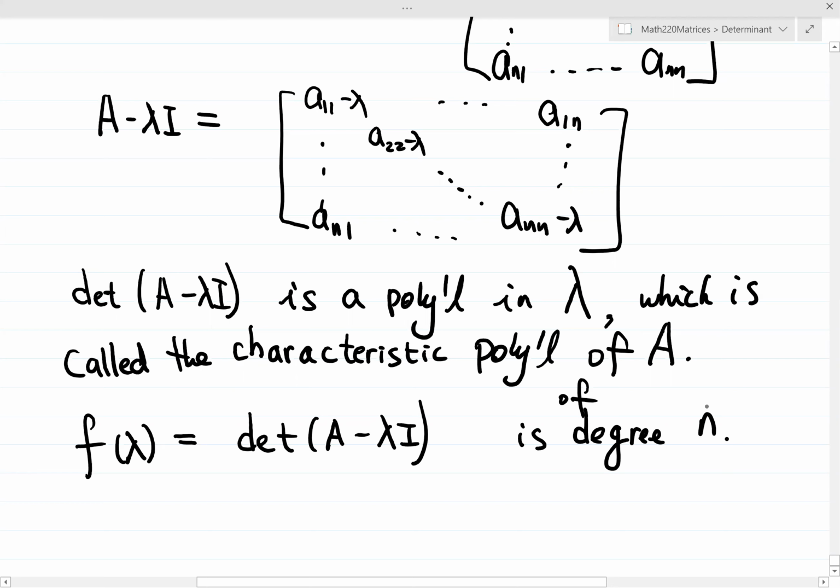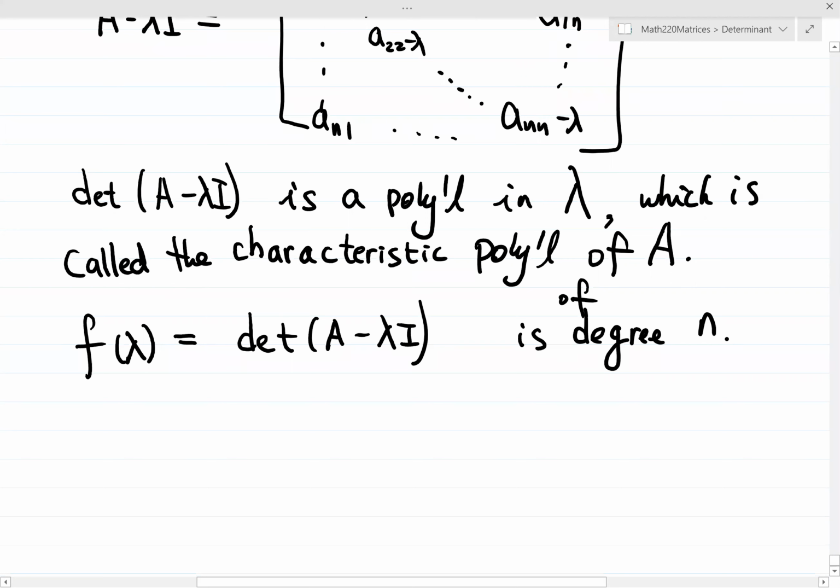If you expand it using the cofactor definition of the determinant, you will find f(lambda) is always of degree n. Now we study this characteristic polynomial.